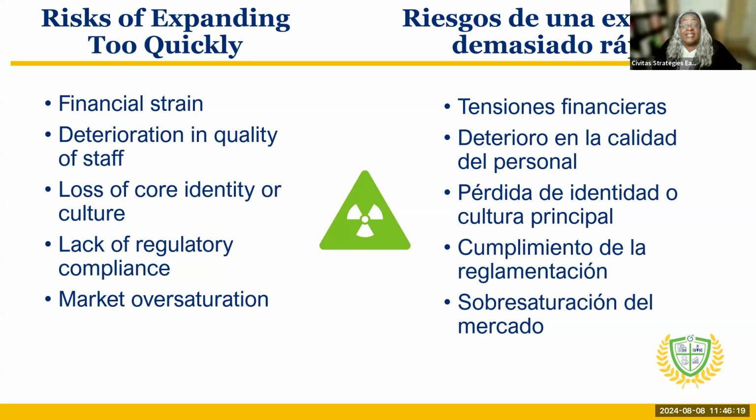Understanding these risks doesn't mean we should shy away from growth. Rather, it underscores the importance of careful planning. This is where our 5-step expansion checklist comes in. So let's take a look at how this tool can help guide your growth strategy.